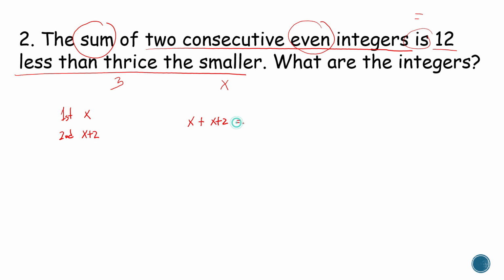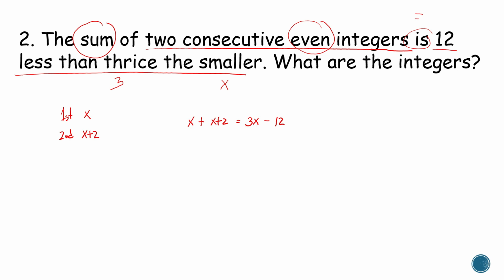Is, I mentioned this last time in my video about number relation problems. Every time you have this kind of phrase, 12 less than thrice the smaller, you have to work on that from right going to the left side. So this is what I mean by that. 12 less than thrice the smaller.